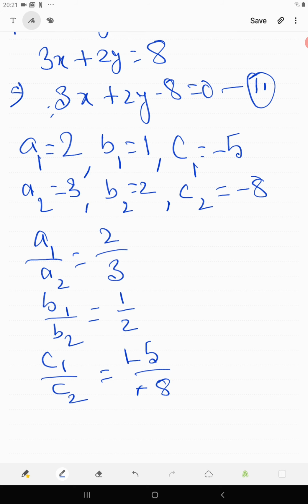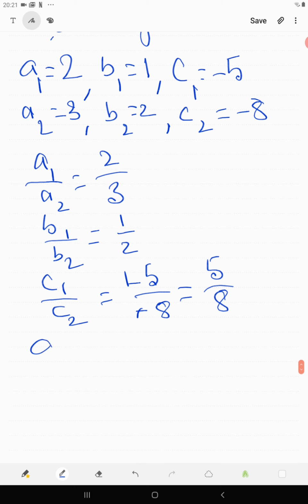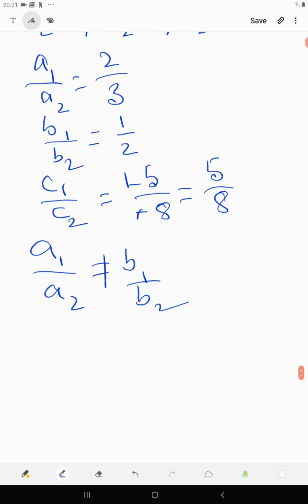So minus minus cancel out. What we got is 5 by 8. So what we are seeing is a1 by a2 is not equals to b1 by b2. Correct? This is the thing. So it will have unique solution.